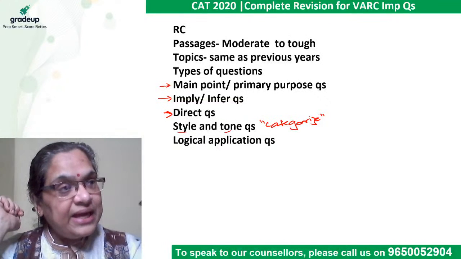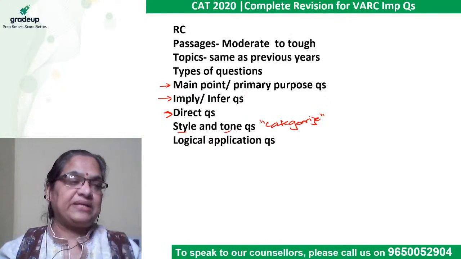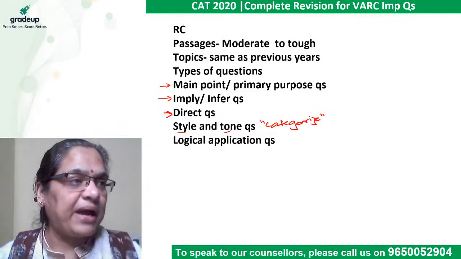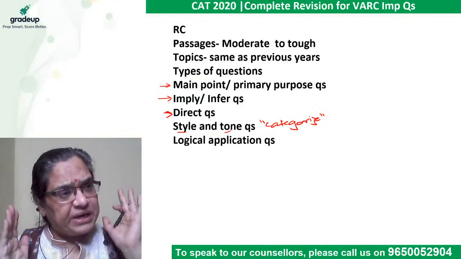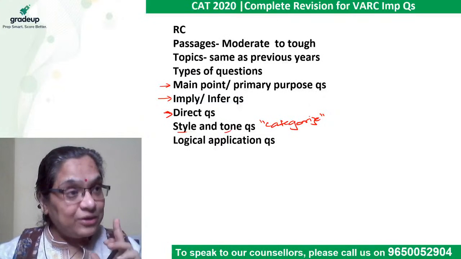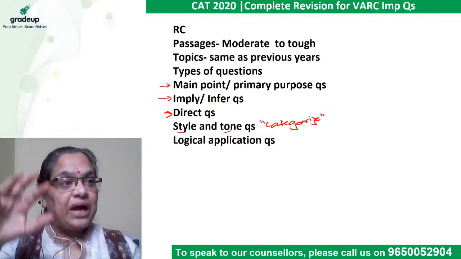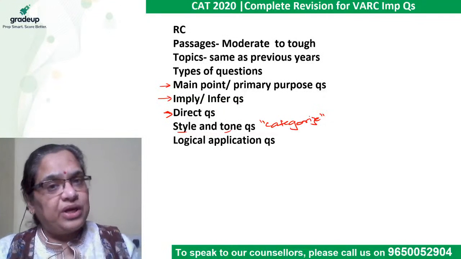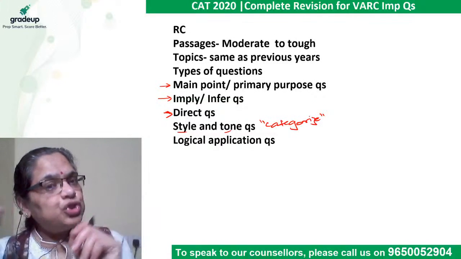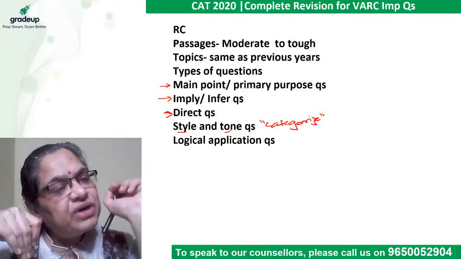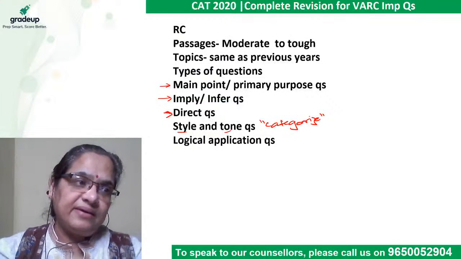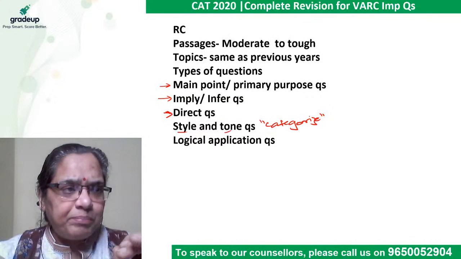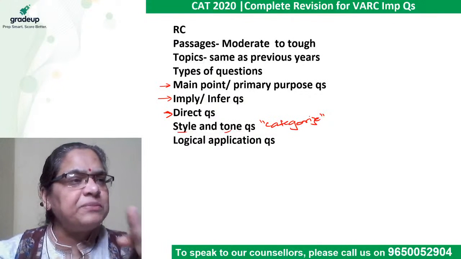Then in the exam you would say, okay, if there are 4 passages, 3 passages or 2 I can do with maximum accuracy, then those are the ones for which you spend your maximum time, and those should be the easiest passages. You can't come up with a difficult set of passages, then you will neither get it accurate and you will also spend a lot of time. So choosing is to do with reading the passages and getting a feel of it and saying, yeh ho jayega, then do it. But the main thing is focus, which means concentration.